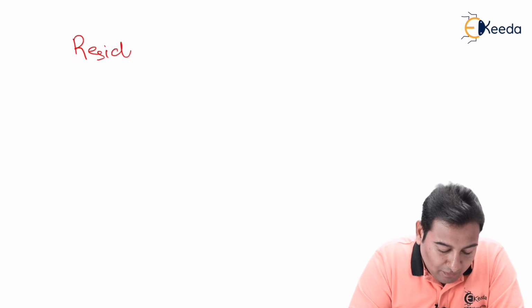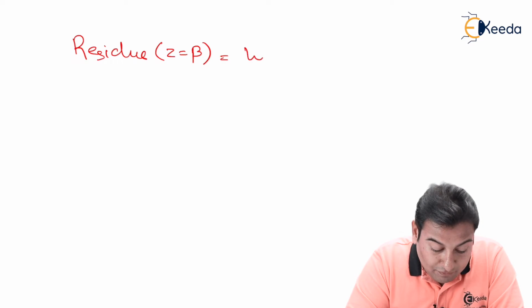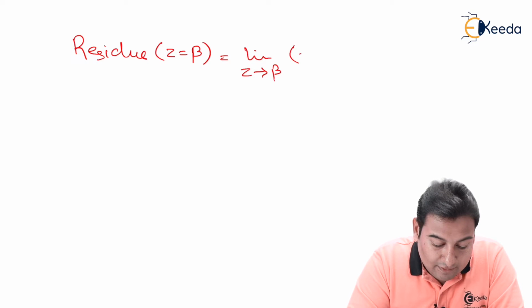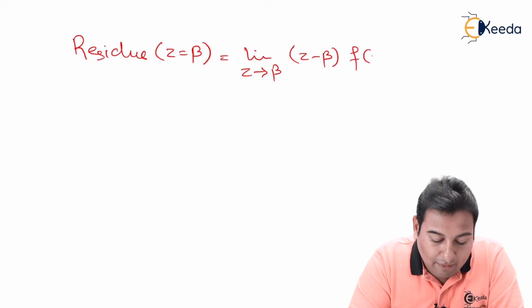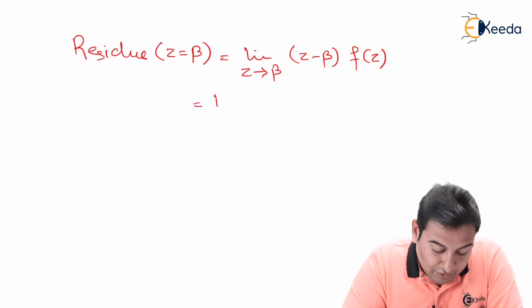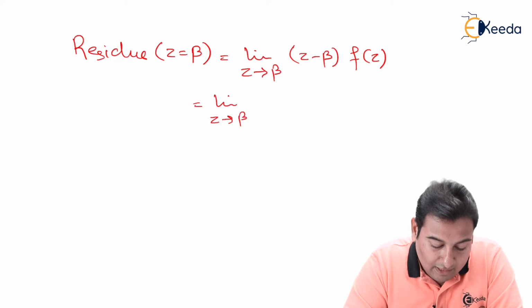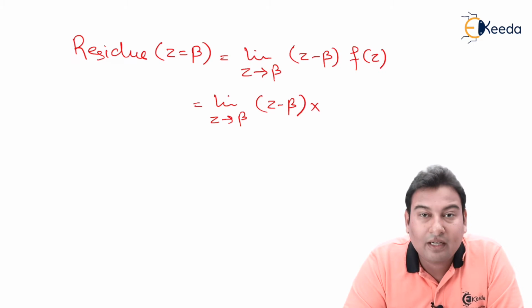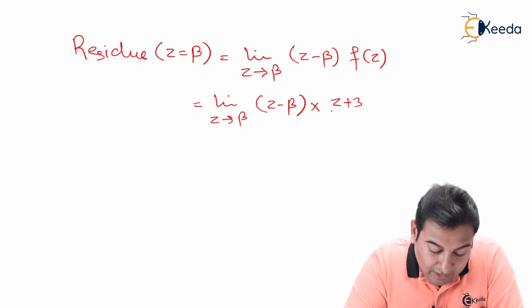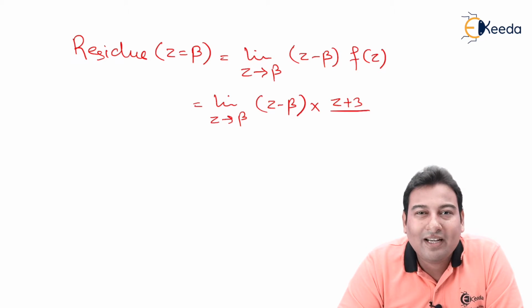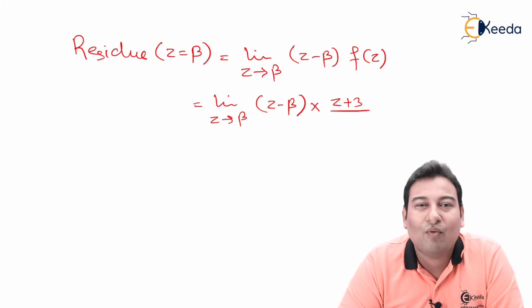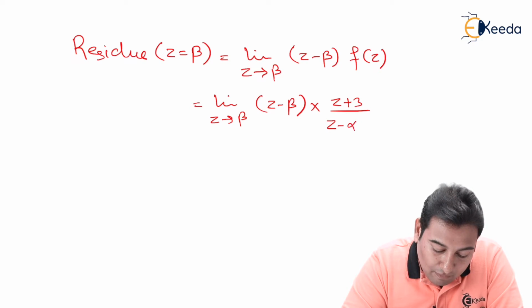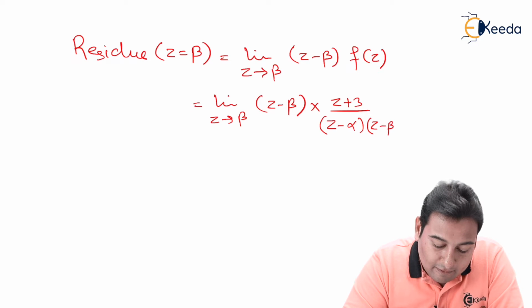Here beta is inside, so we're going to find the residue at z equal to beta, and since it is of order 1, the formula is the limit as z tends to beta of z minus beta into f of z. Now friends, f of z is the given problem. In the numerator we have z plus 3, and the denominator is divided into two factors, alpha and beta, so you can write it as z minus alpha and z minus beta.